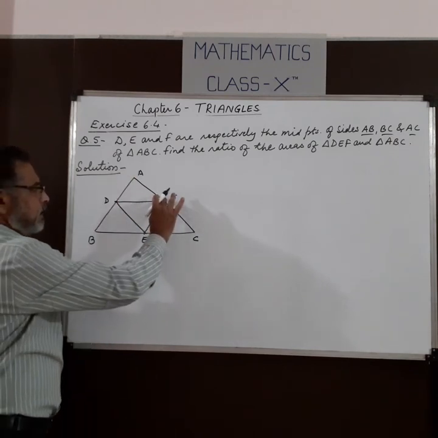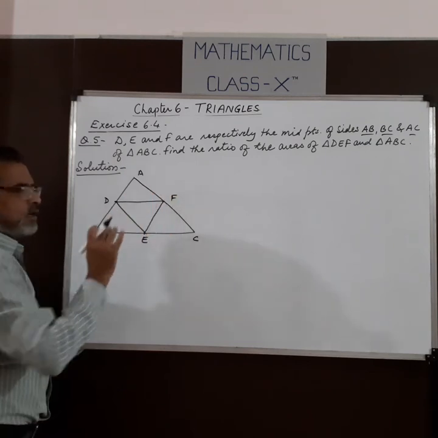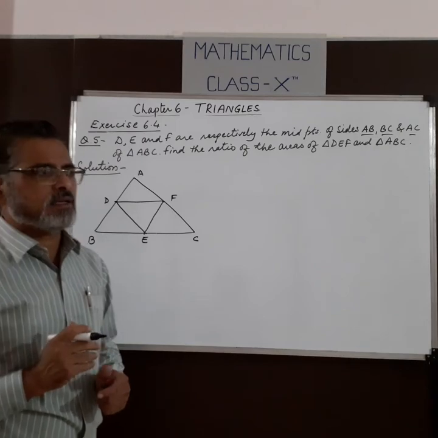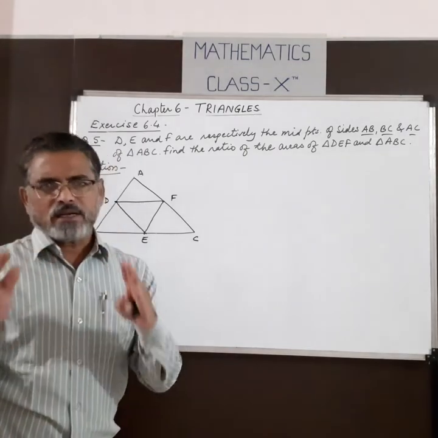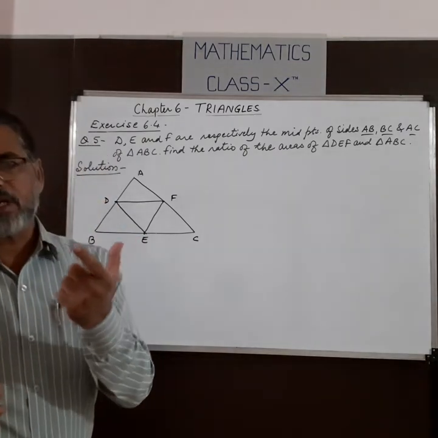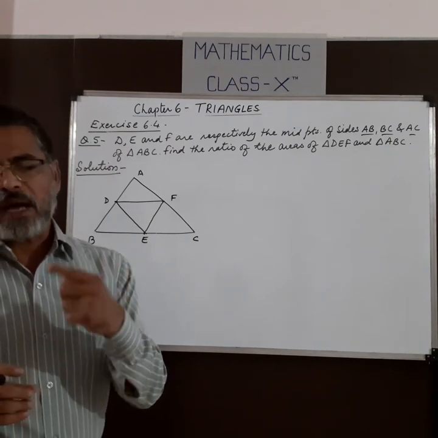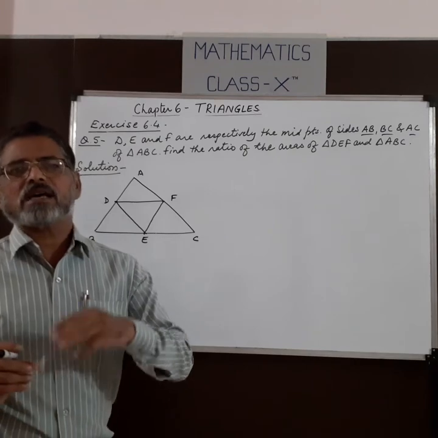Here, if you recall the theorem which you learned in class 9, that in a triangle, the line segment joining the midpoints of any two sides is parallel to the third side and it is half of it.